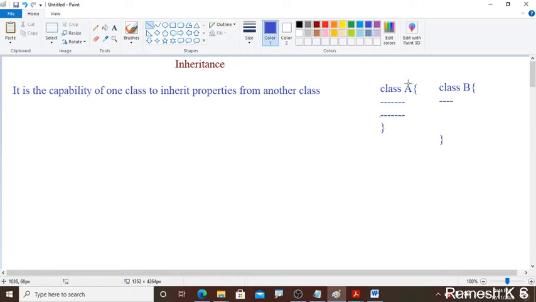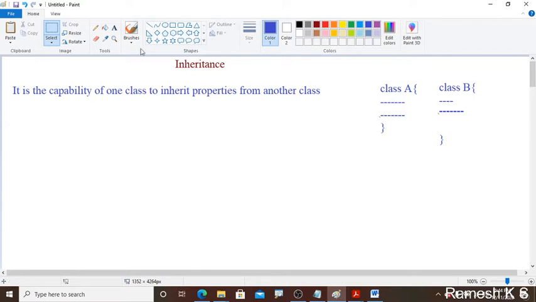It is a capability of one class to inherit properties from one class to another class, from this class to this class. So what happens? Whatever properties it has, this will be copied to this class.